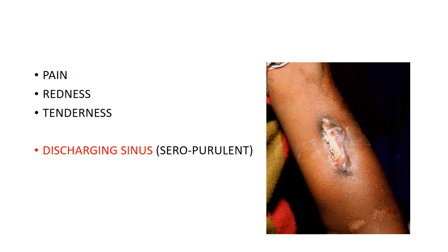One of them is discharging sinus. There will be a discharging sinus, either healed or active, in chronic osteomyelitis most of the time. Along with that sinus, you will find some pain, redness, and tenderness in the localized region.